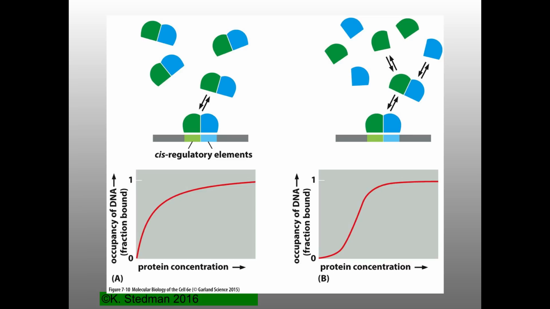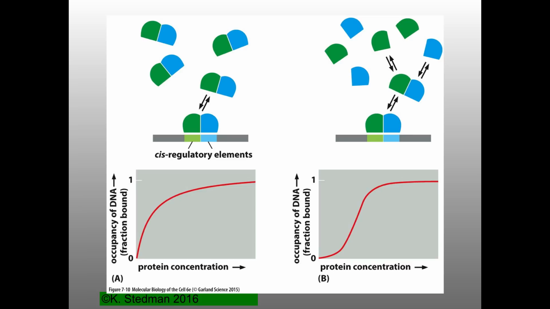Okay. So I mentioned again, dimers are really useful because you can have this higher specificity. You can have fewer proteins that will still bind to DNA in various different places. But the other big advantage of dimers is you can get cooperative binding.